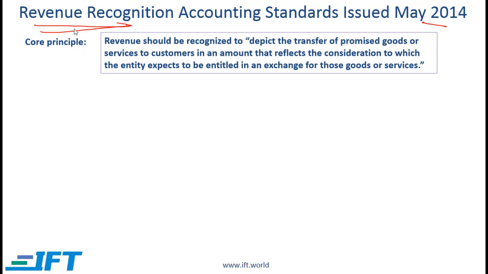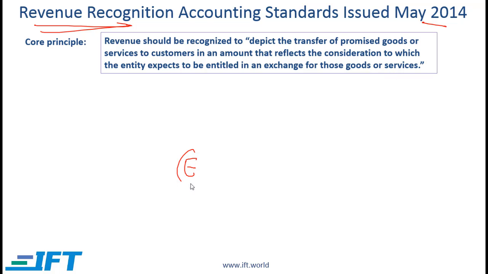Now, this is again with respect to revenue recognition. So the principle is this: revenue should be recognized to depict the transfer of promised goods or services to customers in an amount that reflects the consideration to which the entity expects to be entitled in exchange for those goods or services.